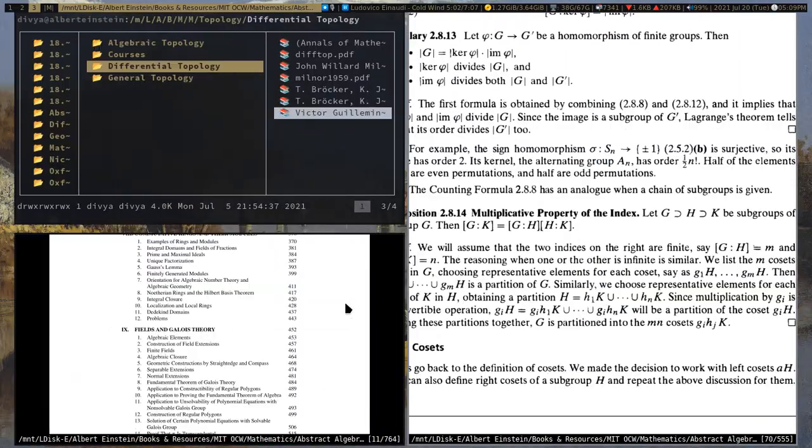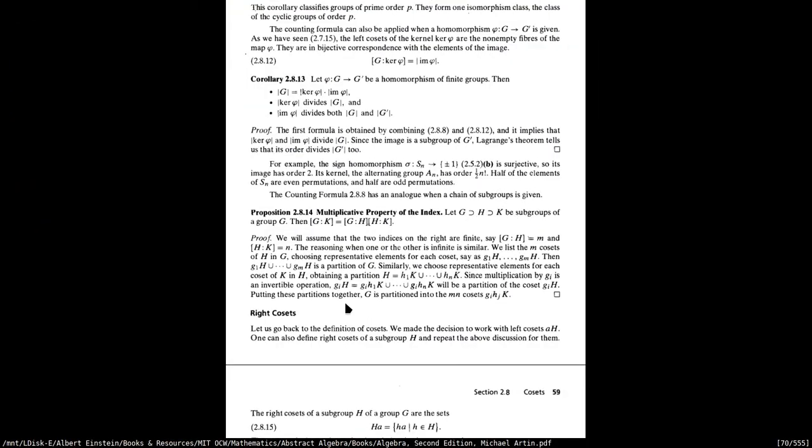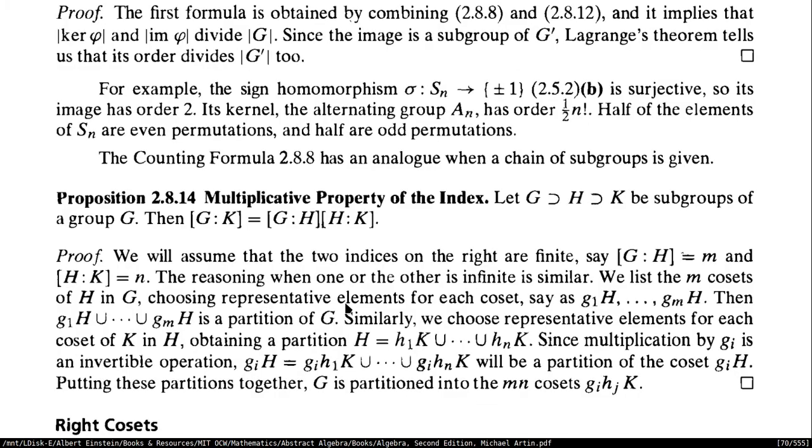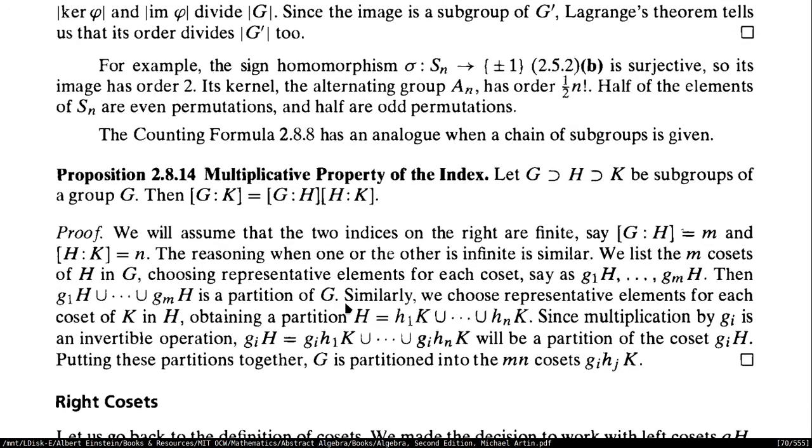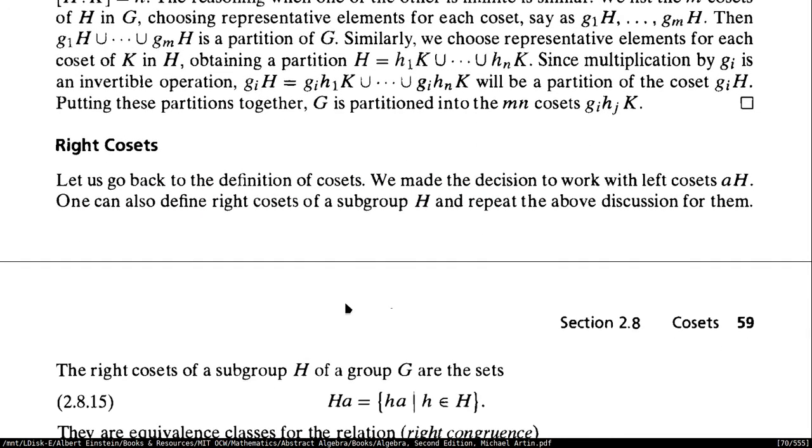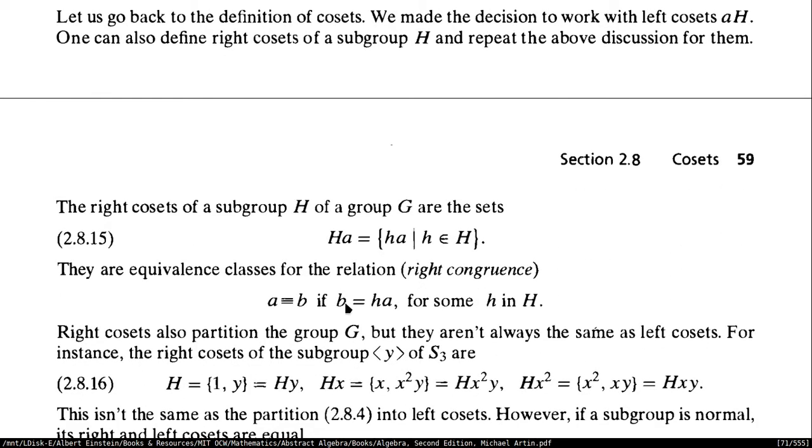Okay, cool. So this was the multiplicative property of the index. Now we get to write cosets, and then we'll see a few propositions from there. I think this is pretty much straightforward from the definition of the cosets.